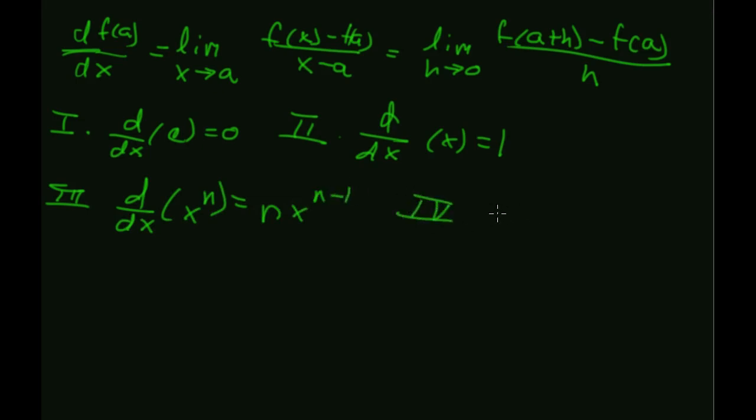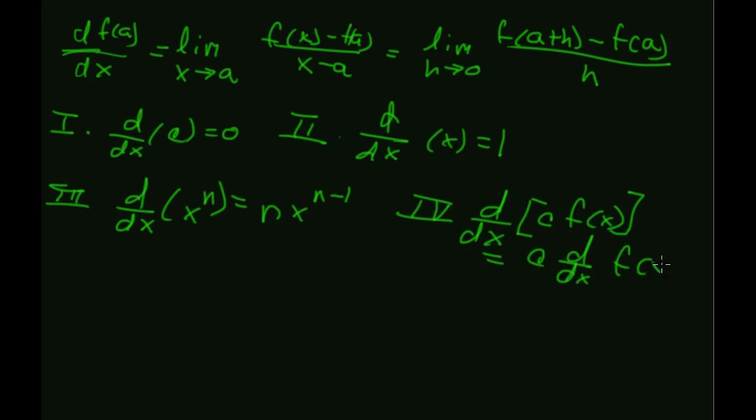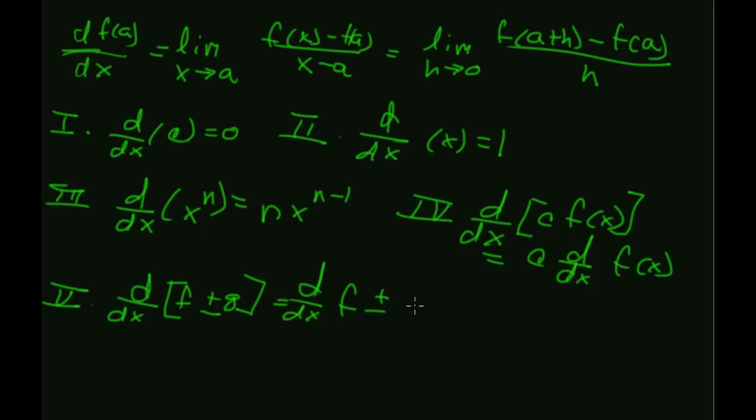Number 4, the derivative with respect to x of a constant times f of x is going to equal the constant times the derivative with respect to x of f of x. 5, we get the sum rule. The derivative of f plus g with respect to x is the derivative with respect to x of f plus or minus the derivative with respect to x of g.